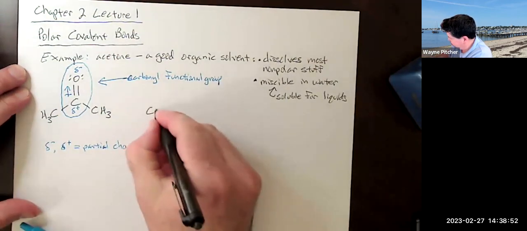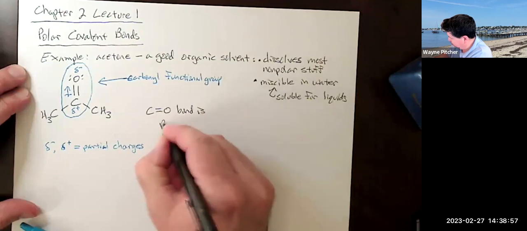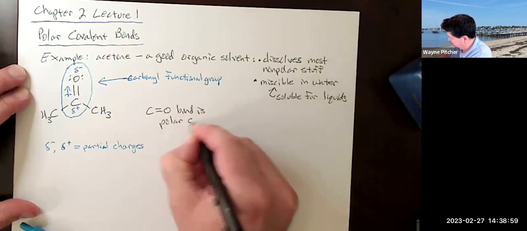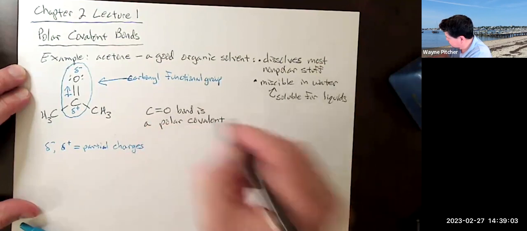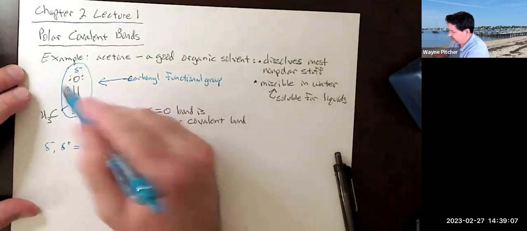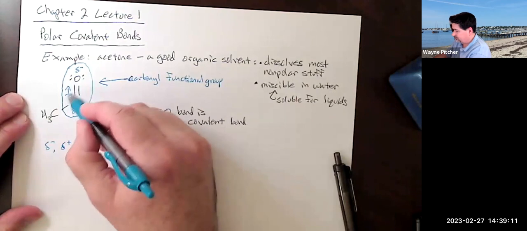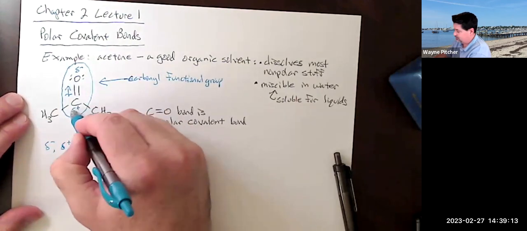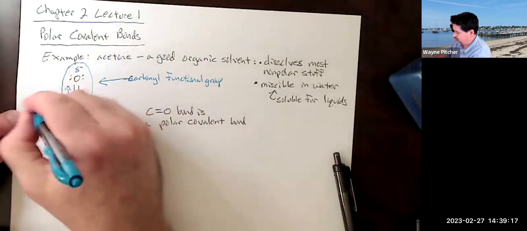So we'll say the C-O bond is polar covalent. To represent that, we draw this arrow where one end is kind of a plus. That's the end that's more on the positive side, and the arrow points towards the side with more electron density.